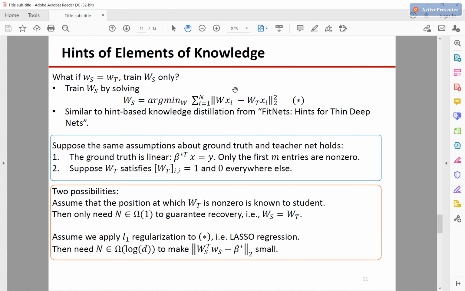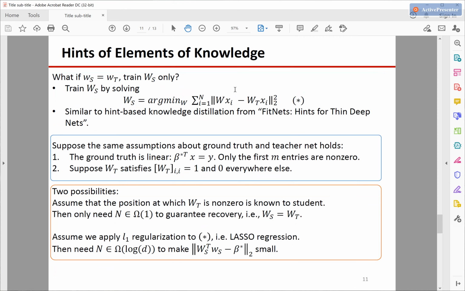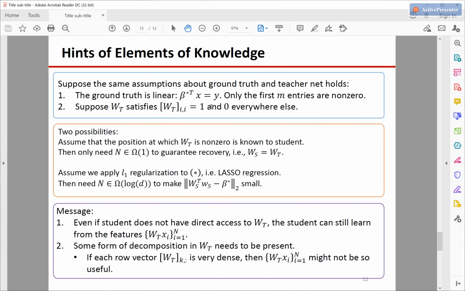Basically, the student could still have a very hard time learning from the teacher. It's only when the teacher's hidden neurons are simple. For linear models, we could say simplicity means sparsity, and complicated hidden neurons means they're very dense. And basically, simplicity of the hidden neurons makes student-teacher learning easier, so the student doesn't require that many samples to generalize well.